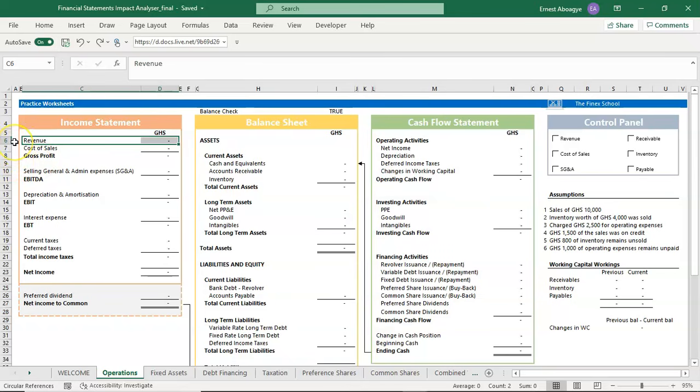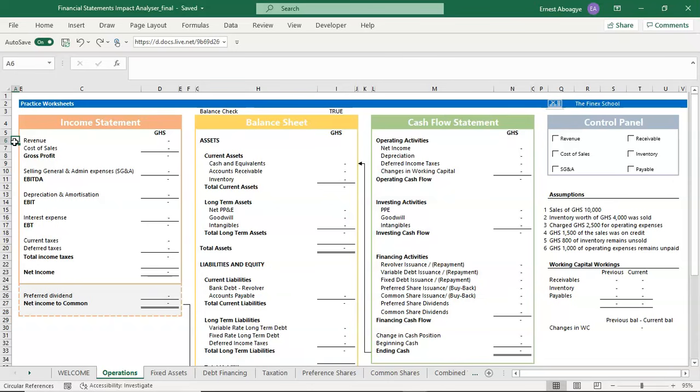So for instance, if we decide to set up a sobolo business and we sell about 150 cups of sobolo at 5 cedis, our revenue will be the 150 cups times the 5 cedis. That will give us 750 cedis. That will be our revenue. And that is from our core operating business because we are set up to be selling sobolo.